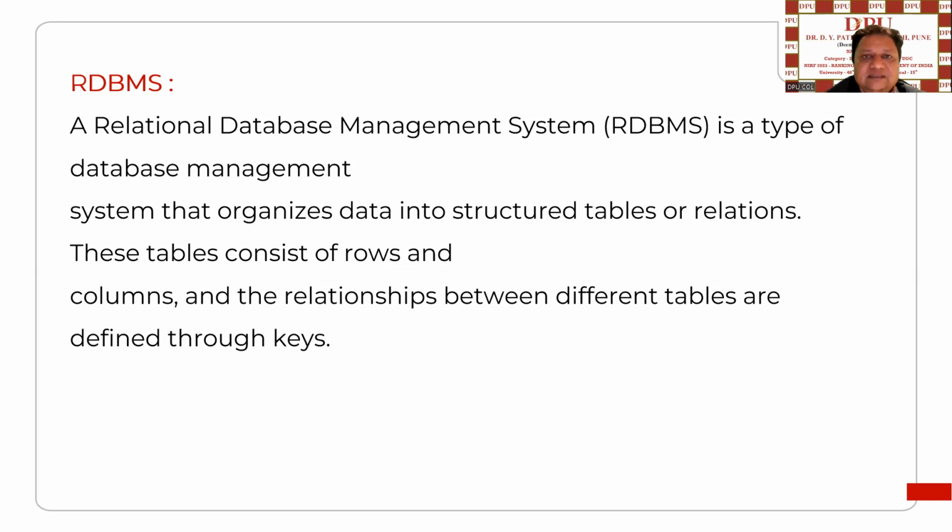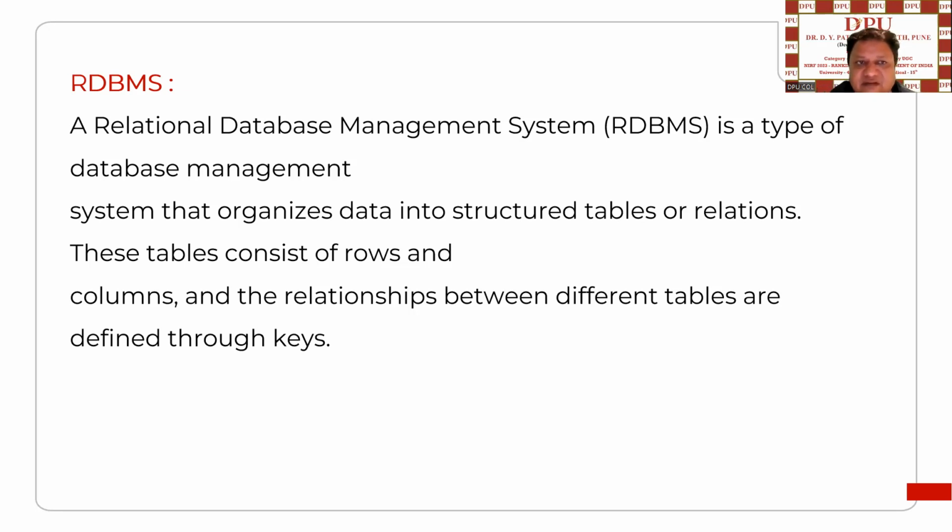When I say student ID is 101, student name is, say, Sachin, student class is 12, student marks are 70%, the address is so and so, and the email ID is XYZ, it now becomes a record. So a row of a table is called a record. A table consists of rows and columns, and the relationships between different tables are defined through keys.